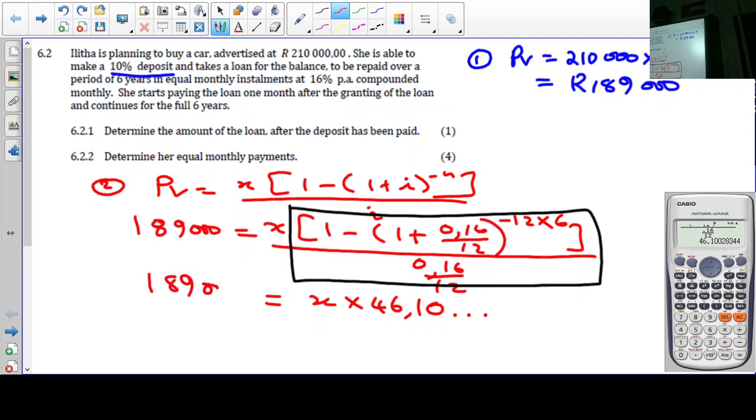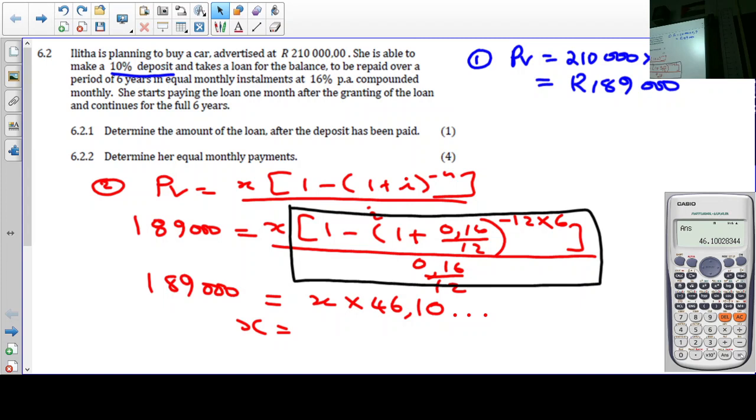Okay, now very important here is that when I work out X, I'm going to divide both sides by that answer. I'm going to use the answer button here and not type in 46.01. Remember, if you press answer equal, that's the last answer calculated on the calculator.